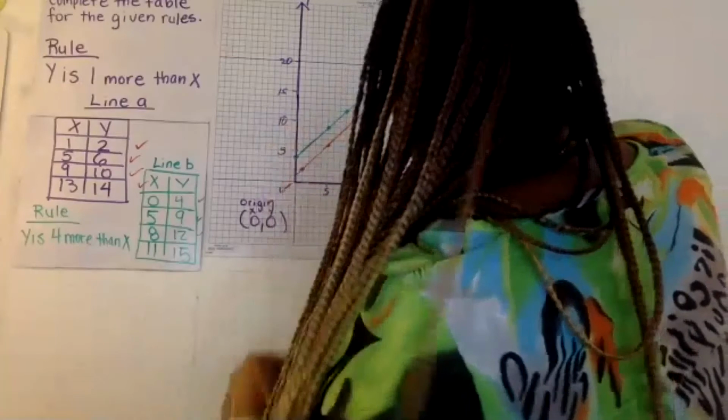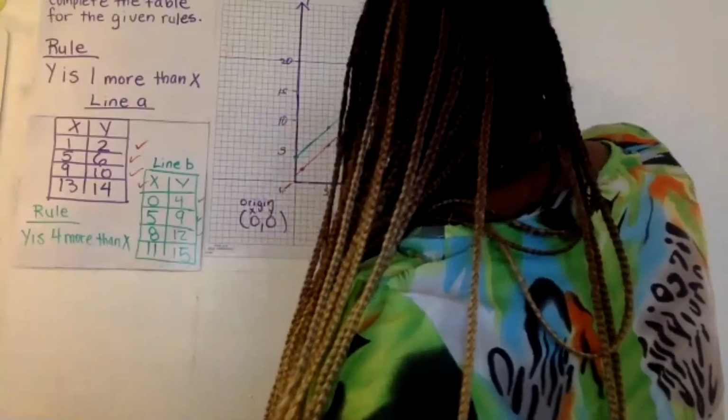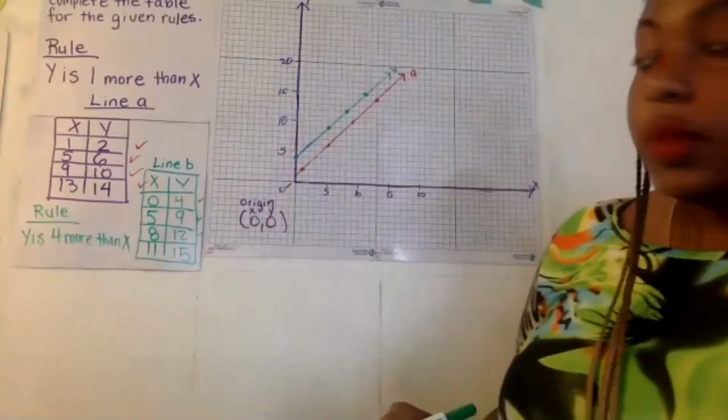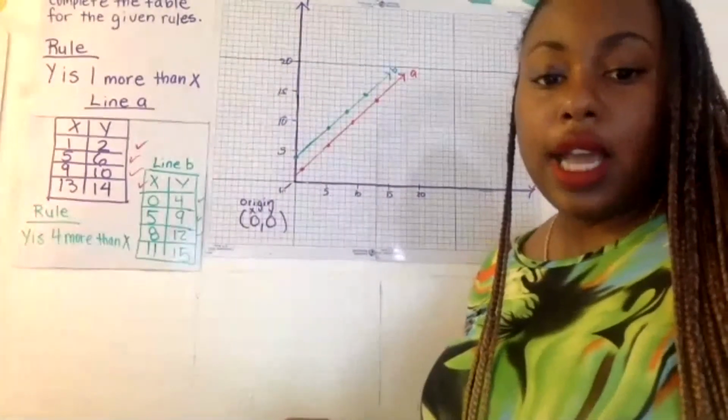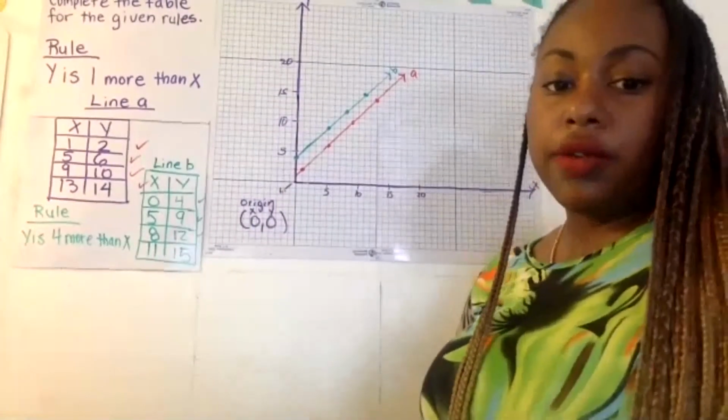All right, so here's line B. And so we constructed each line on the coordinate plane above.